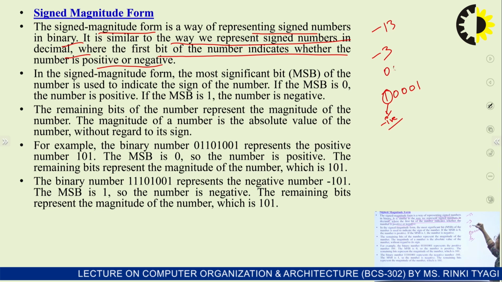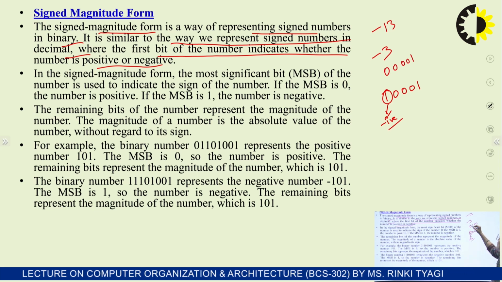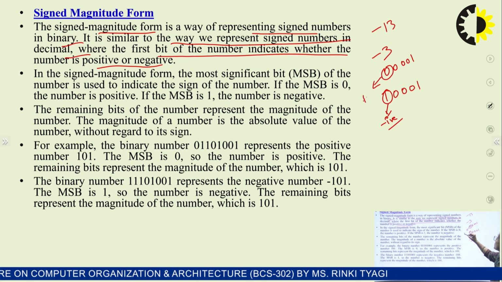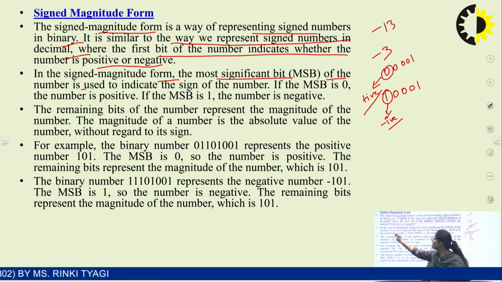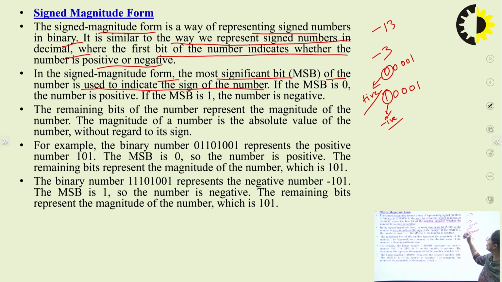But if the number is 0, 0, 0, 1, this number is positive. 0 always represents positive and 1 always represents negative. In the sign magnitude form, the most significant bit of the number is used to indicate the sign. As I told, the leftmost bit is the most significant bit and it will always indicate the sign. If the MSB is 0, the number is positive, but if the MSB is 1, the number is negative.